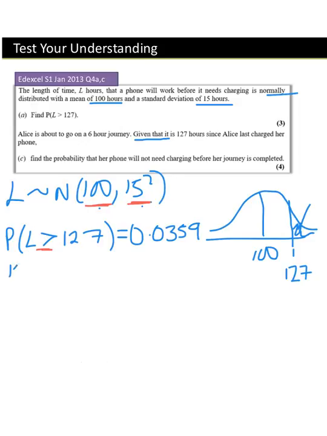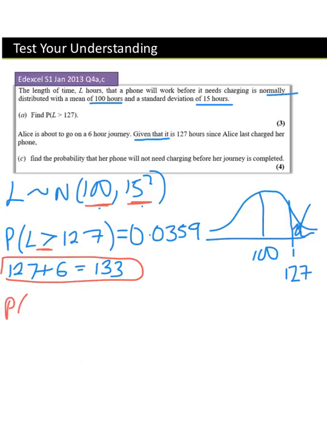So we have 127 hours plus 6 hours is 133. So what we want for part C is the probability that L lasts for more than 133 hours, given that it is 127 hours since her last charge.